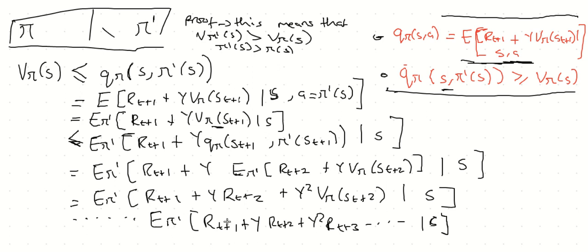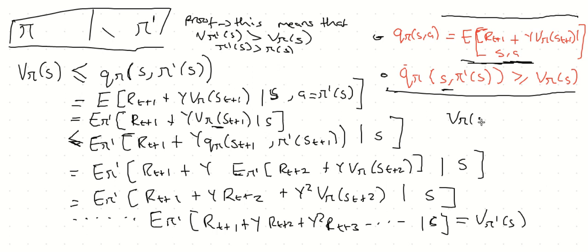Expectation over pi prime of the cumulative rewards that you'd get starting from this state s. Well, you already know what this is, and this is v pi prime of s, which means that, again, v pi of s, I'm running out of space here, but I hope you can see. Let me rewrite this again, somewhere maybe here.